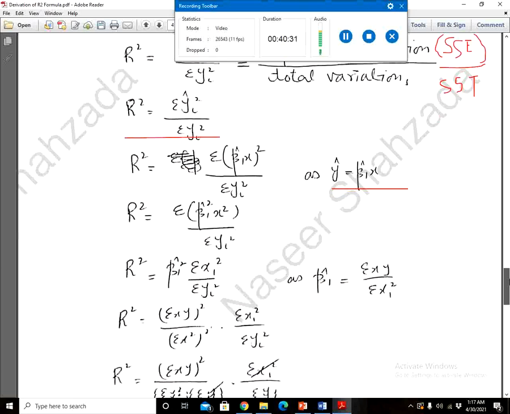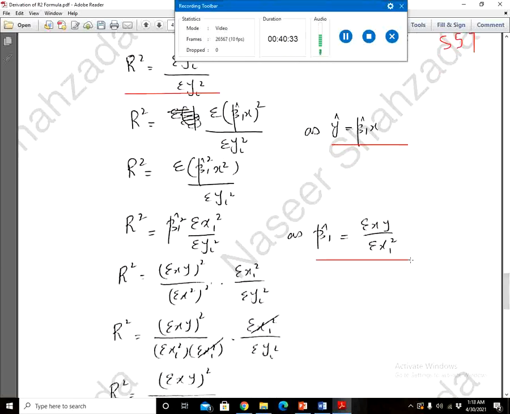And from here we know that beta 1 cap is equal to summation small xi yi divided by summation small xi square. We put the value of beta 1 here in this beta 1 square, and that will become R square is equal to summation xi yi whole square divided by summation xi square whole square, into summation xi square divided by summation yi square.